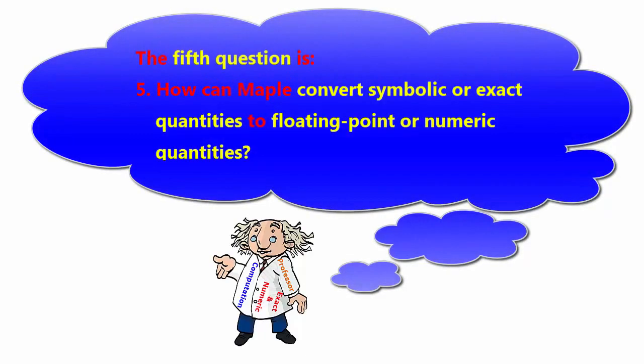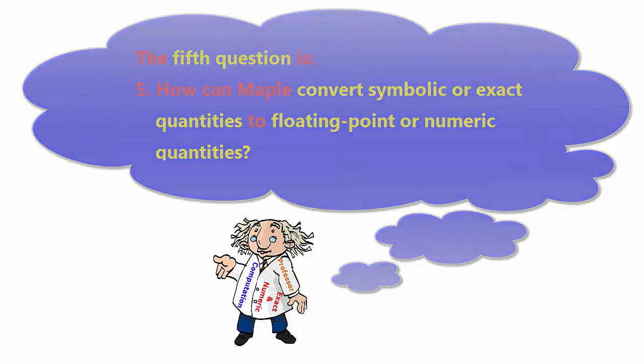The fifth question is: how can Maple convert symbolic or exact quantities to floating point or numeric quantities?